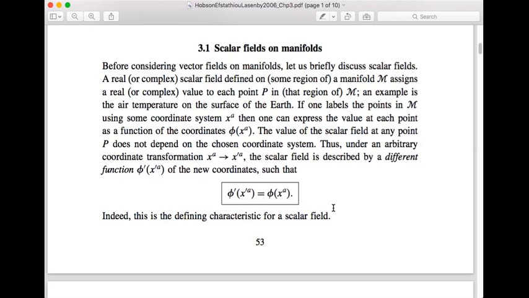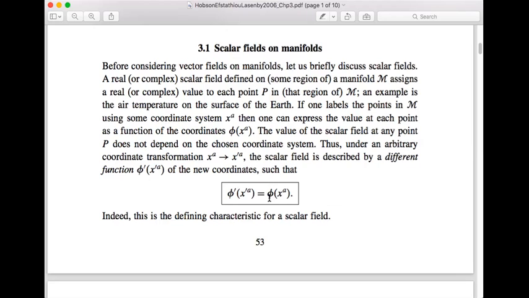and just to mention the few differences that occur. Okay, so the first point is to consider defining scalar fields on manifolds. I'm just going to jump right to the equation here and say, we can define a scalar field. This could be like the temperature on the surface of the Earth.